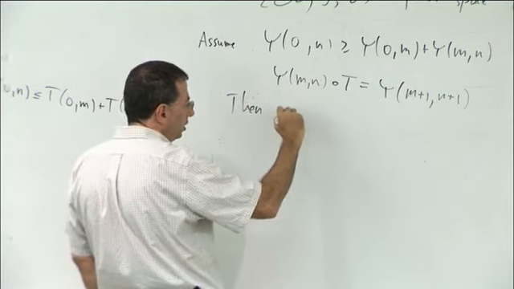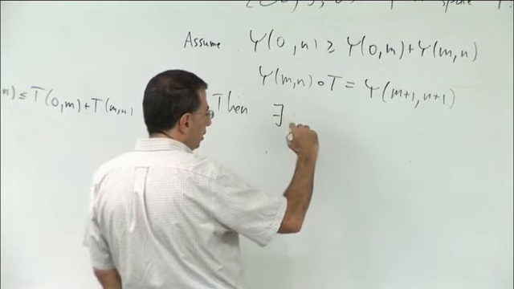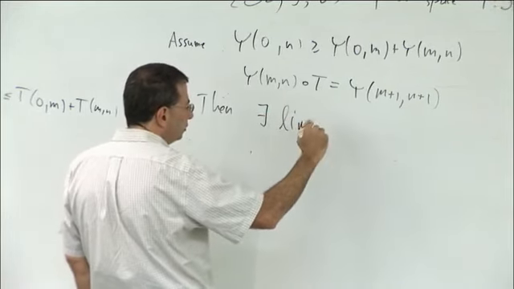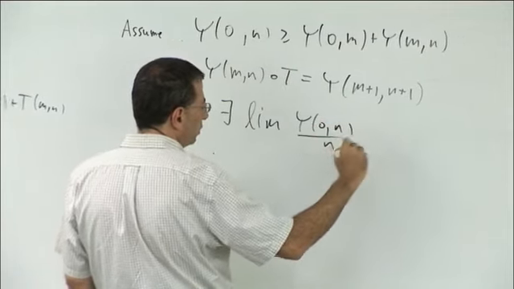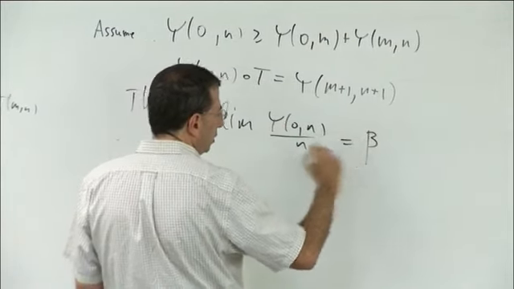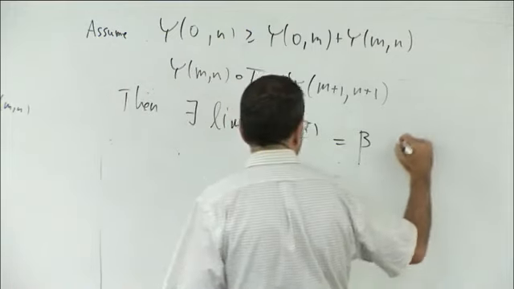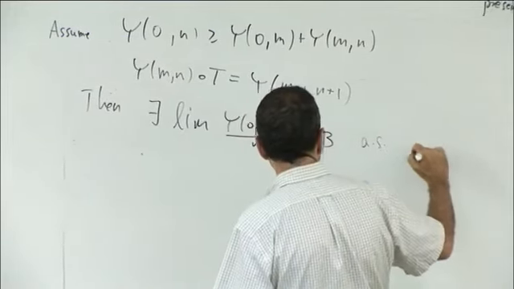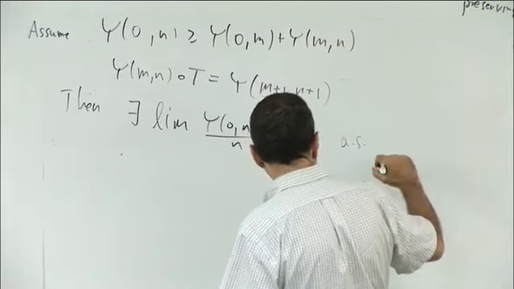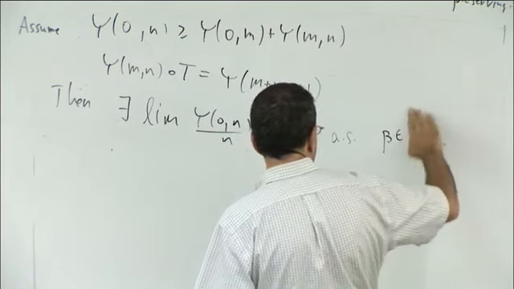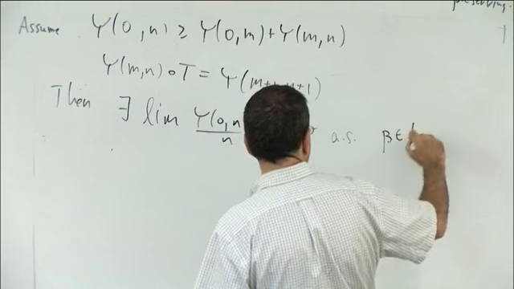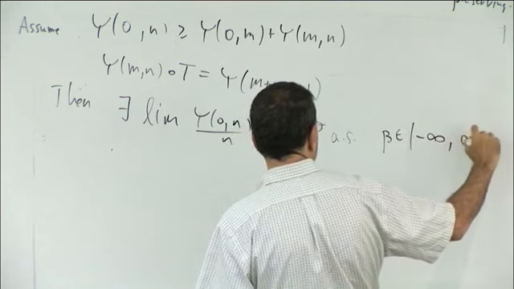Then the conclusion is that there exists the limit of Y_0n over n. This limit exists almost surely. Now beta is some number. In this case it's not minus infinity, but it could well be infinity.